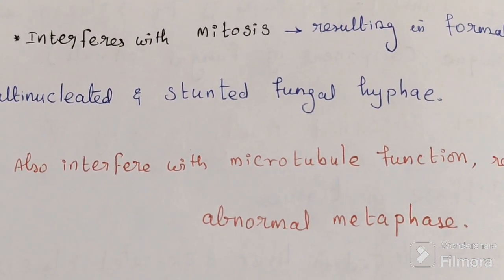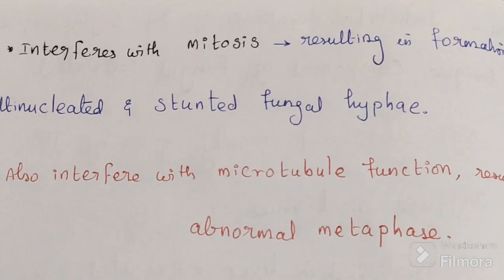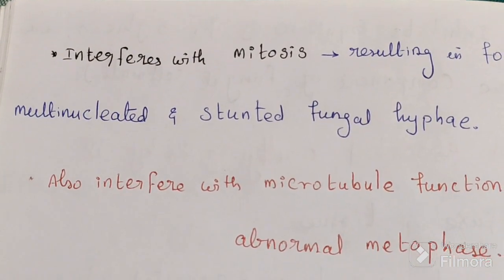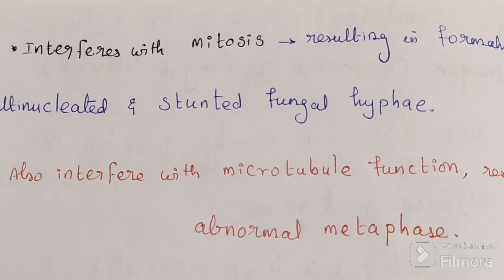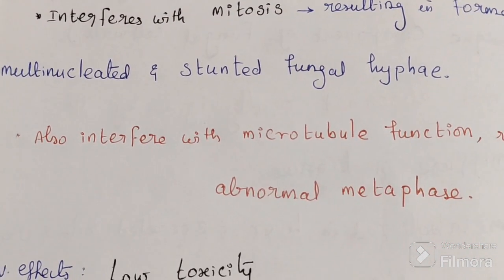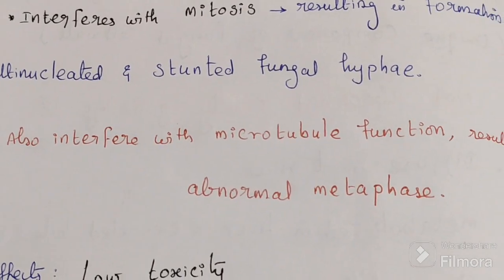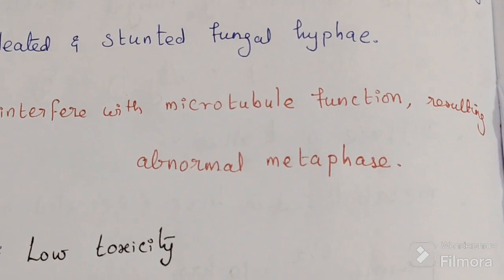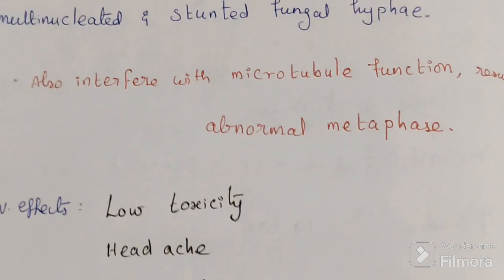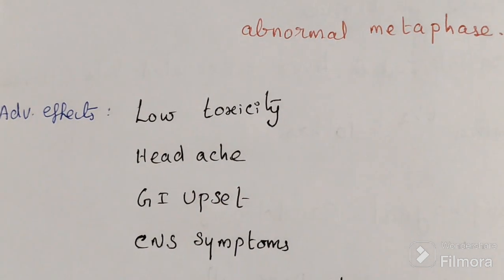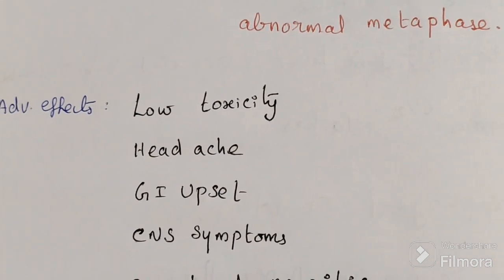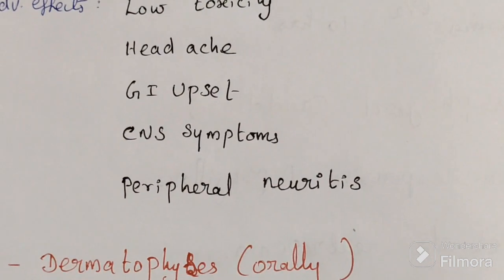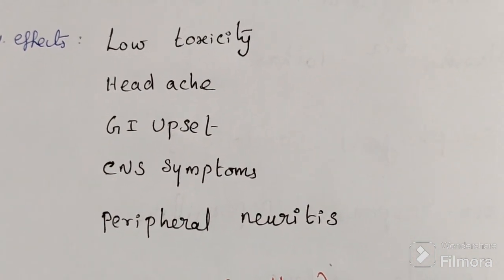Griseofulvin also interferes with microtubule functions, resulting in abnormal metaphases.